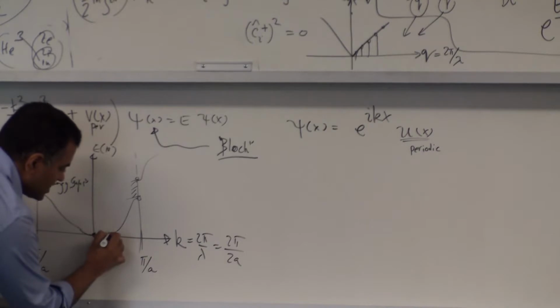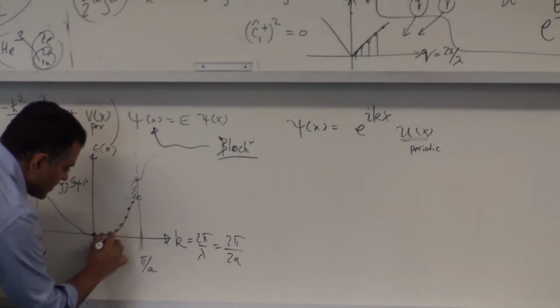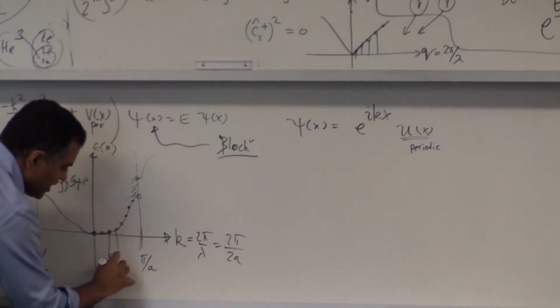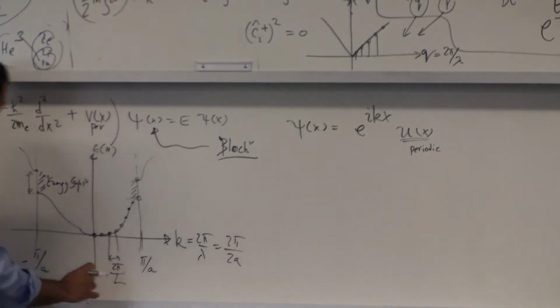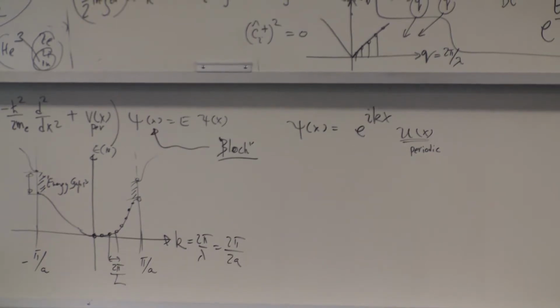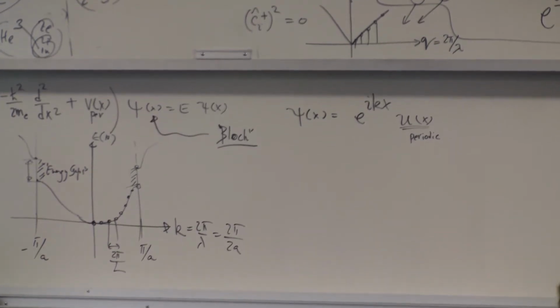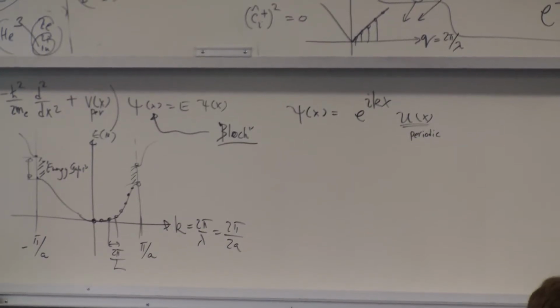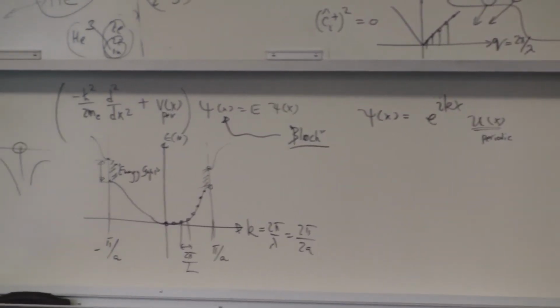The k's are still separated by 2 pi over L, where L is the macroscopic length, not the atomic lattice constant, but the length of all the atoms. It could be a micron, could be a centimeter, or if you have an 8-inch wafer, it's the 8 inches.